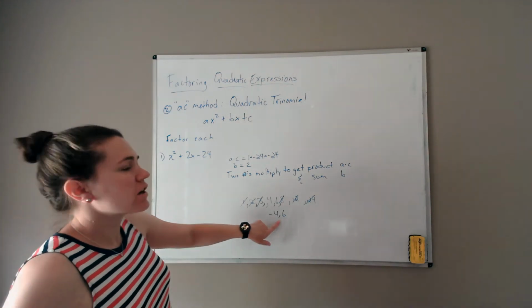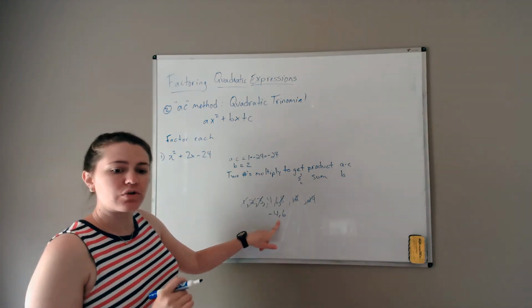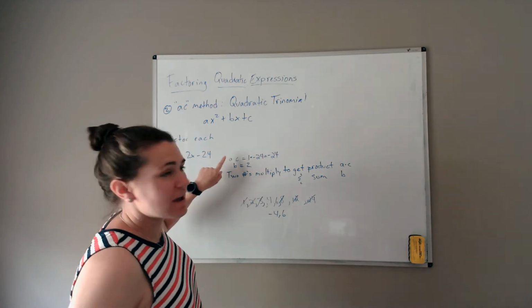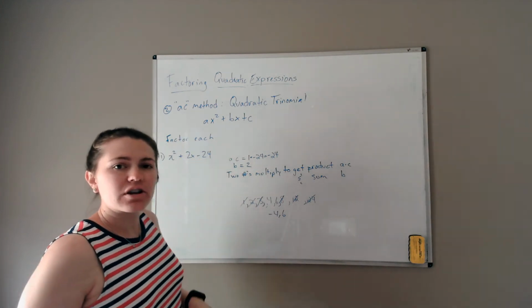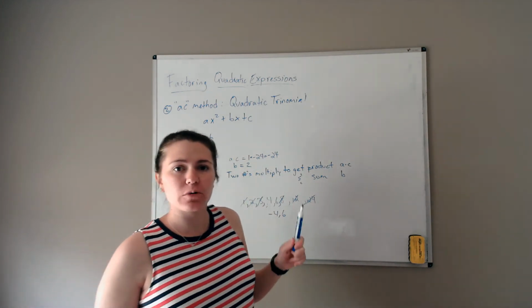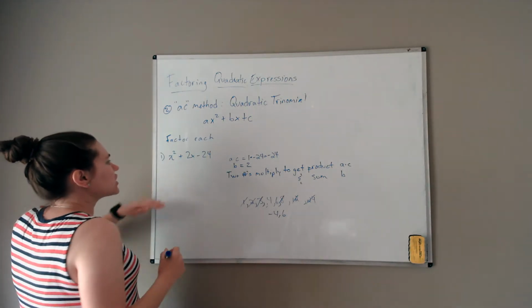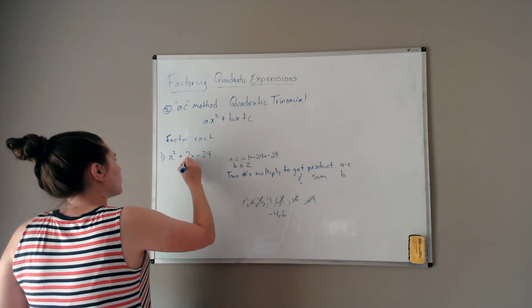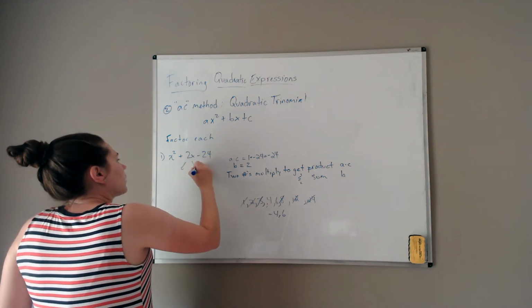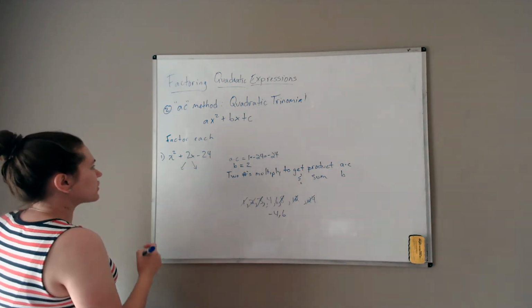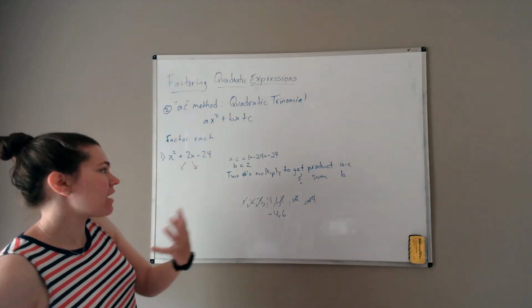So if you can come up with two numbers that multiply together to give you a times c and add together to give you b, that means it will be factorable using the AC method. Now we're not going to change the value of the expression. What we're going to do is break up positive 2x. Instead of having 3 terms, you're about to have 4 terms.